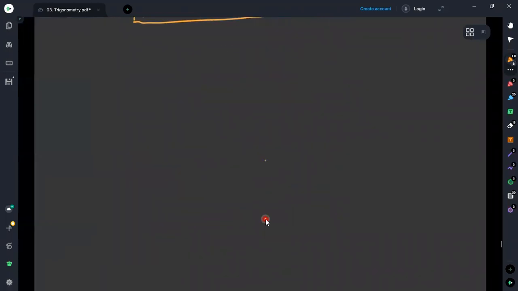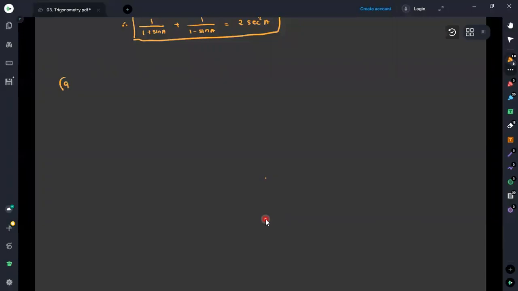And now we will move for the proof of the ninth one. The ninth one says that it is 1 over sec A plus tan A equals to sec A times tan A. Here also I will start this from the left hand side.